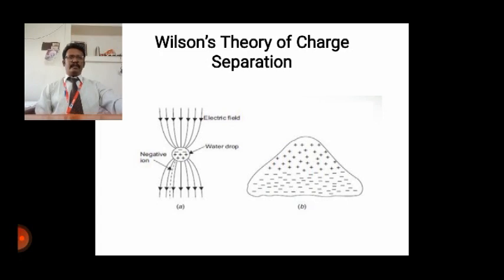It is to be noted that the selective action of capturing a negative charge from the atmosphere by the lower surface of a drop is possible, which has been assumed by Wilson's theory. That is, it is to be noted that the negative charge capture is possible at the lower surface only.